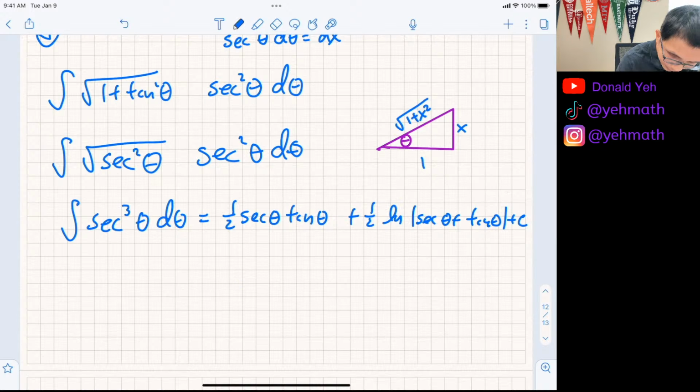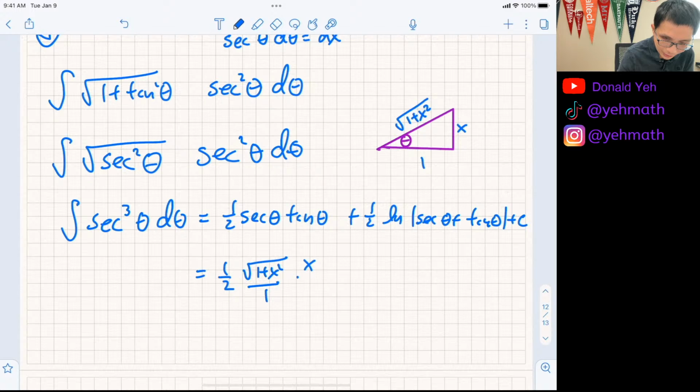So one half secant is equal to what? Hypotenuse over adjacent, which is over 1. Does that make sense? And what's tangent theta? It's x over 1. Does that make sense? Plus one half natural log of secant of theta.